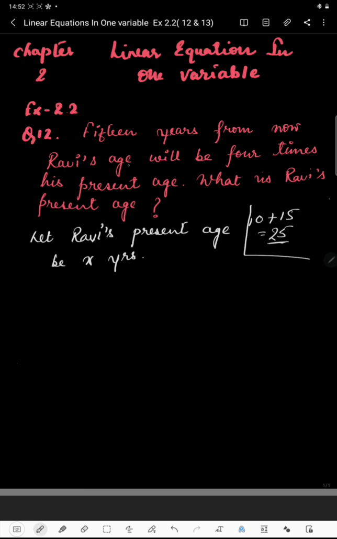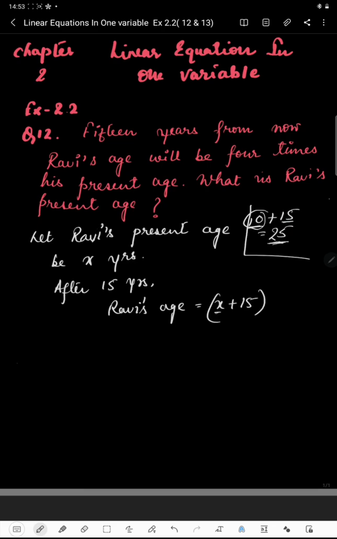Now it is said that 15 years from now, means after 15 years, Ravi's age will be x plus 15 years. See here, with the present age, if you add 15, then you'll get your age after 15 years. So here also we'll be doing the same thing. His present age is x, and if you add 15 with x, then you'll be getting his age after 15 years.